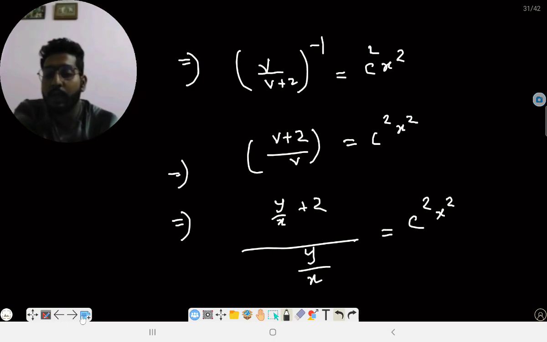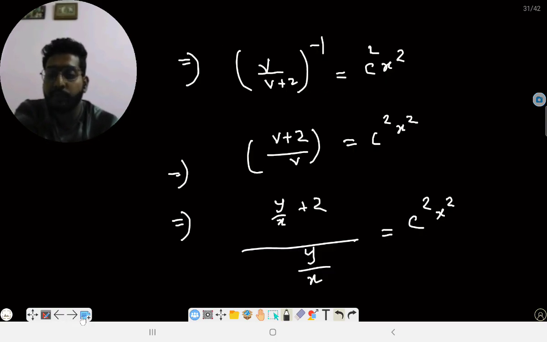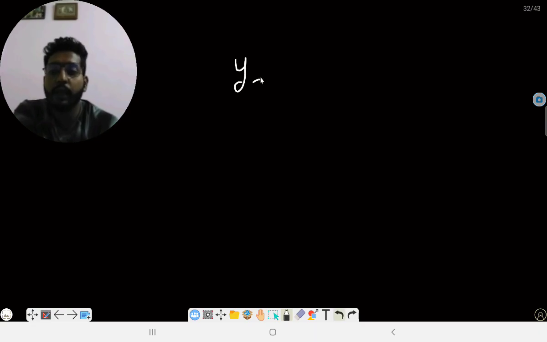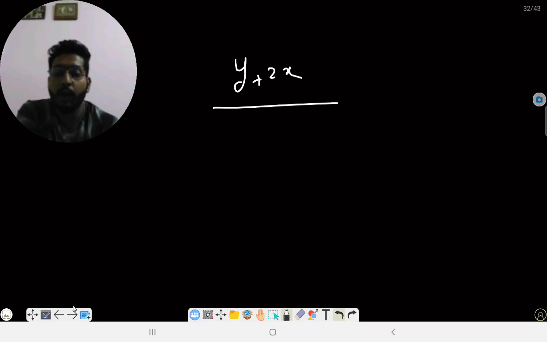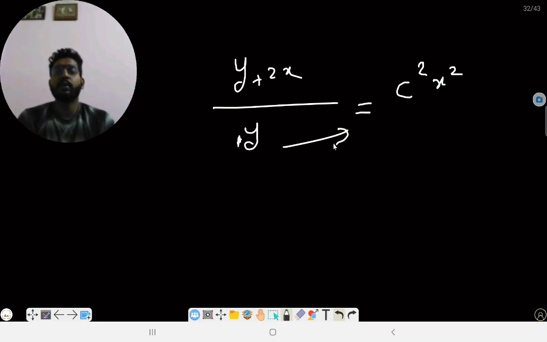Now do the LCM, we'll get the result. Here do the LCM, that will become (y plus 2x) by x, by y by x, and x cancels, so this is y only, equals c square x square. Just multiply this one and that will be the answer.